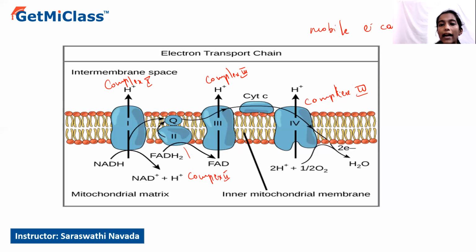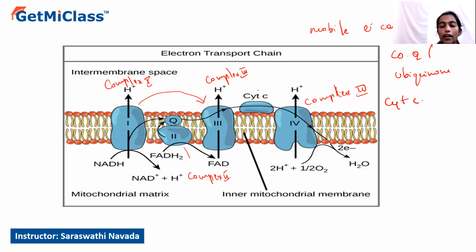One is called coenzyme Q, or ubiquinone, and another one is cytochrome C. Ubiquinone, or coenzyme Q, carries electrons from complex 1 to complex 3, and similarly from complex 2 to complex 3.